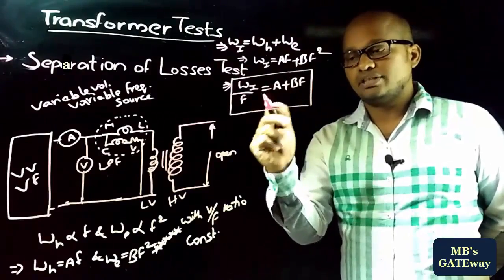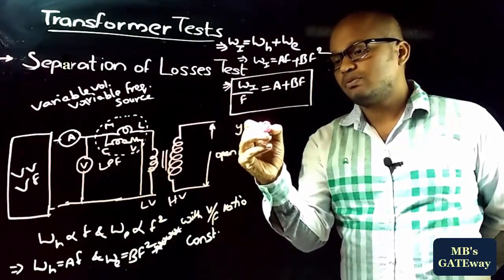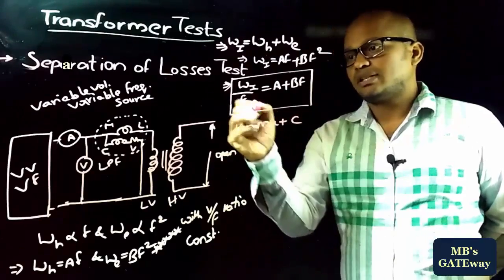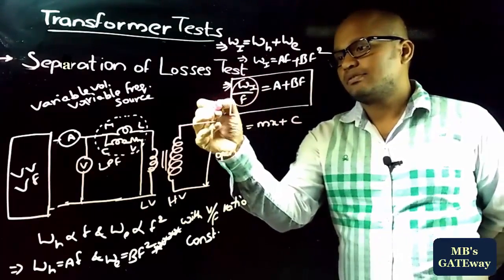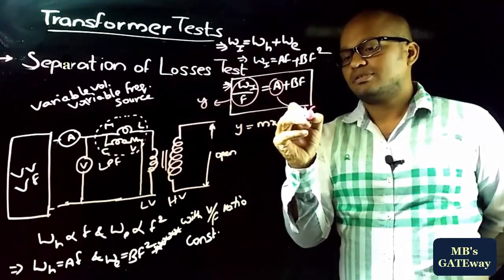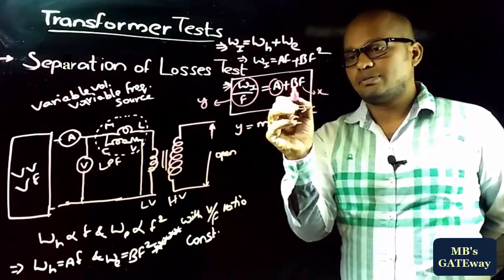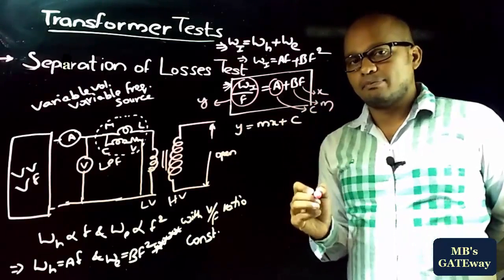If you observe this equation, it is similar to Y equals mx plus c, where this is Y and this is C, F represents X and B represents M.